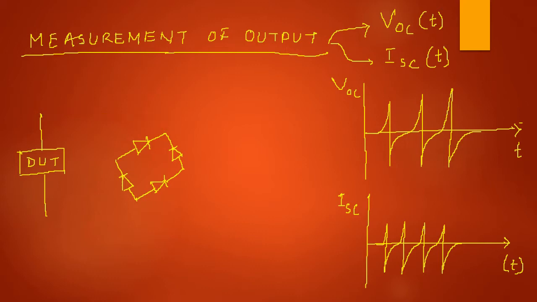It should be connected to this terminal, and this should go to the opposite, that is positive, and this should go to here, and from here you are actually taking the output.